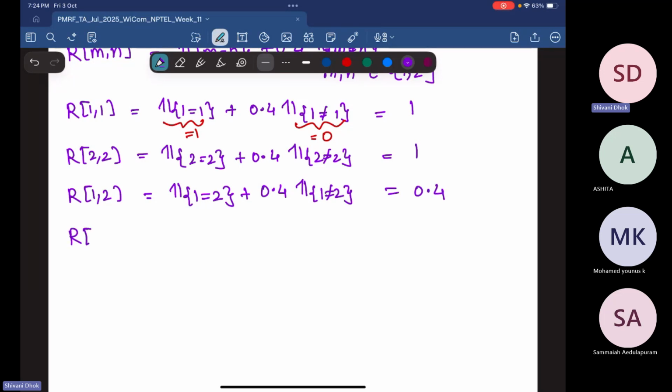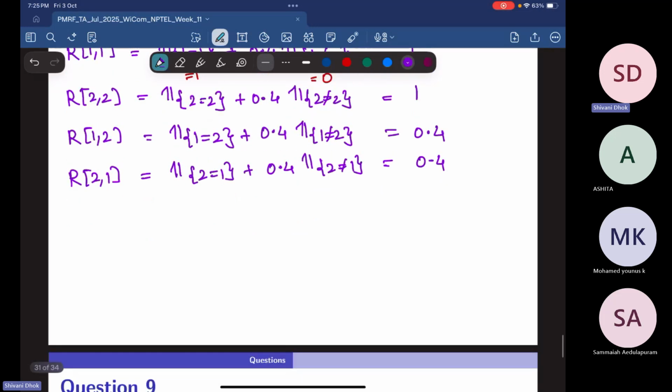And R(2,1), same story, indicator of 2 equal to 1 plus 0.4 indicator of 2 not equal to 1. This also comes out to be equal to 0.4. I deliberately wrote the R matrix in this form just to introduce you to the indicator function. This is a very nice and concise way of writing things.